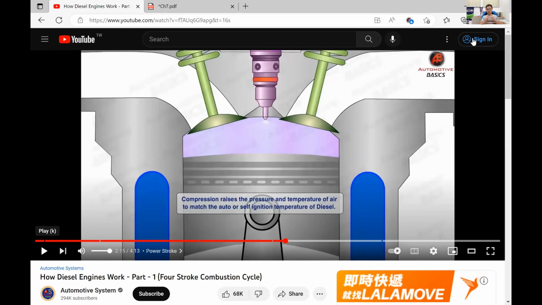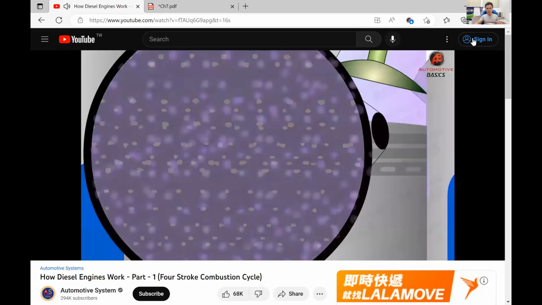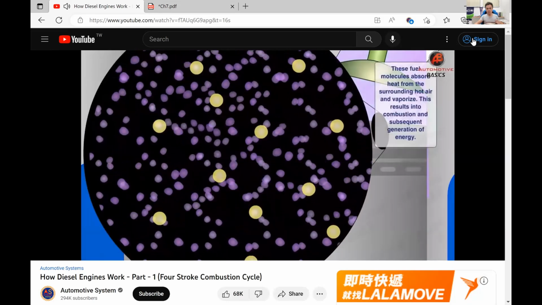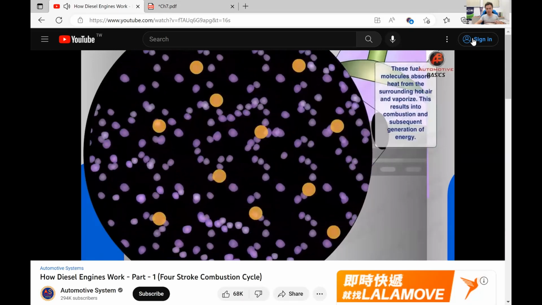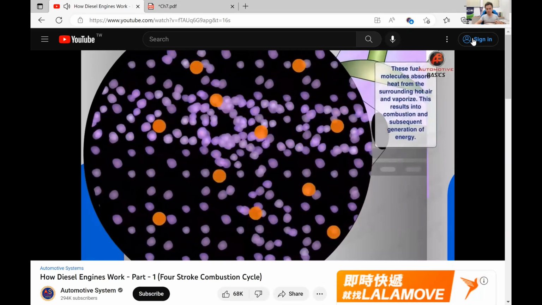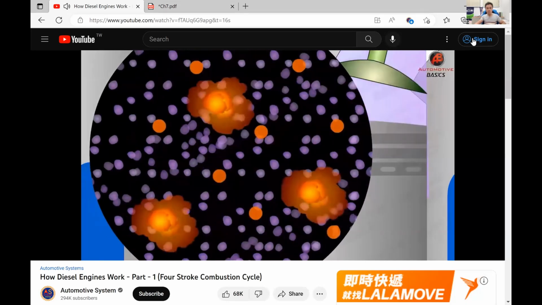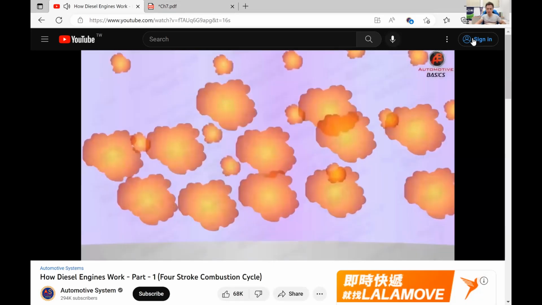After the piston reaches very close to the TDC, this fuel injector injects fuel into the air to mix with this air. Now ignition happens, combustion happens.